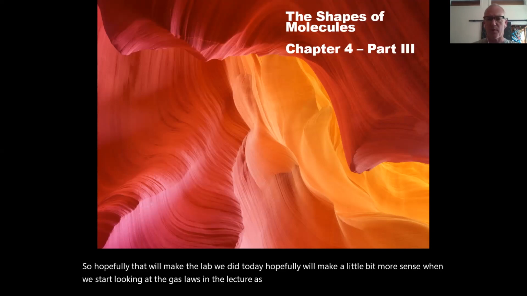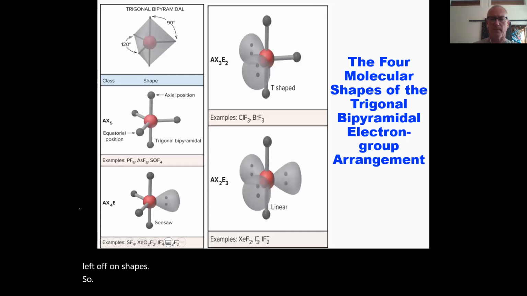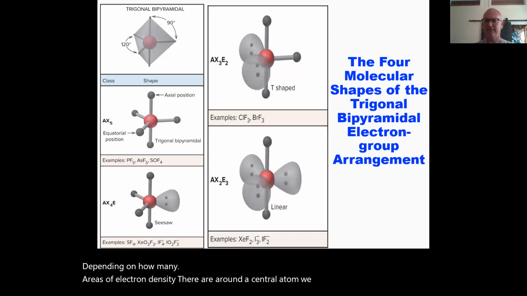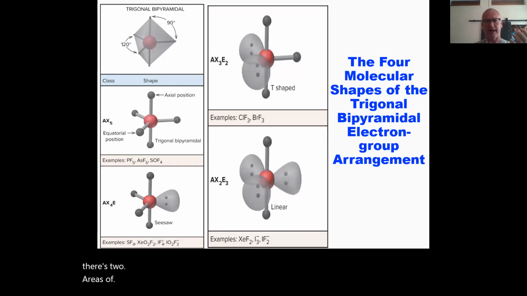So I'm going to pick up where we left off on shapes. We looked at some of the simpler shapes, depending on how many areas of electron density there are around a central atom. If there's 2 areas of density around an atom, they're going to move away from each other as much as they can, and you're going to get a linear shape.